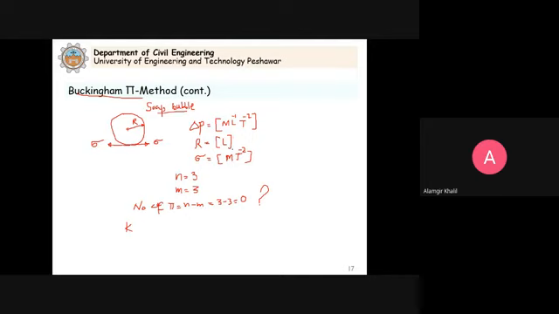If these were present in fixed proportion, then we can reduce them by 1. By fixed proportion, I mean, let's say m by t square, and you also have m by t square. Then we must reduce this m. You see m by t square and m by t square are present in fixed proportion.